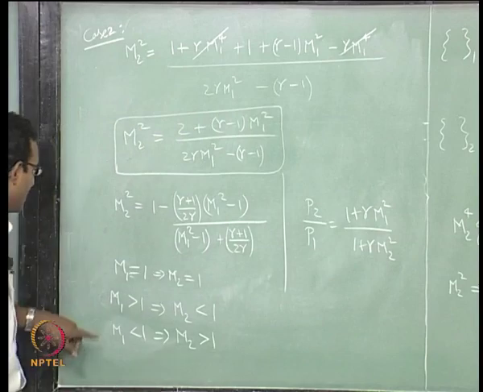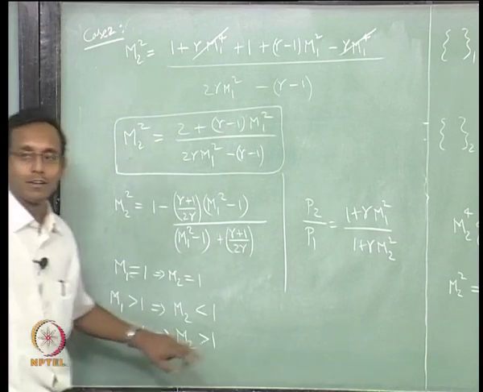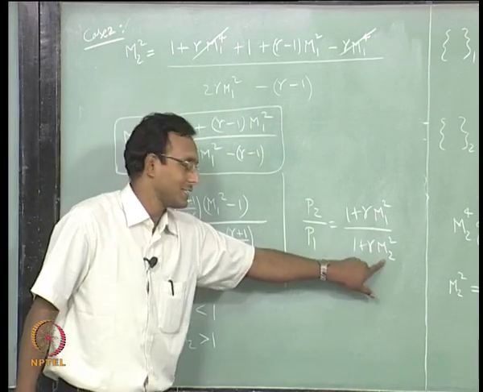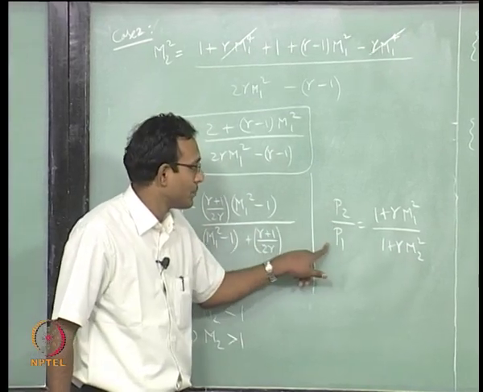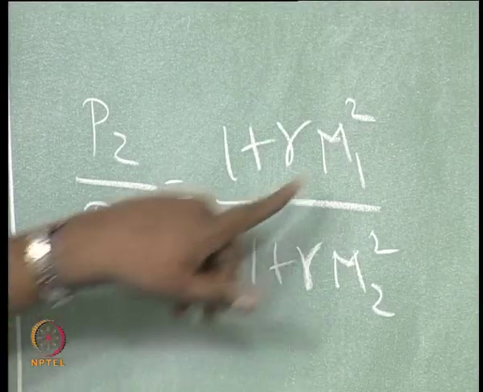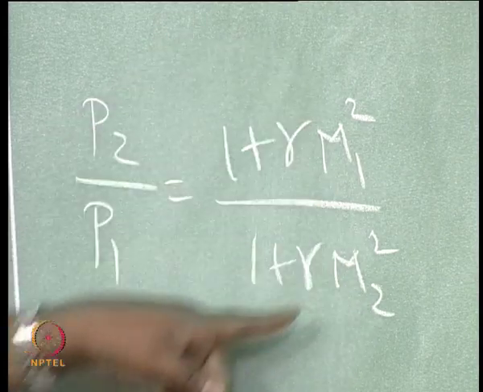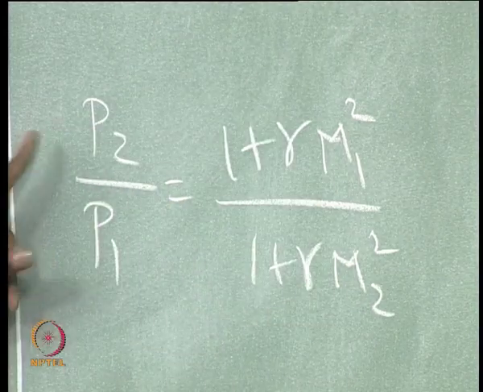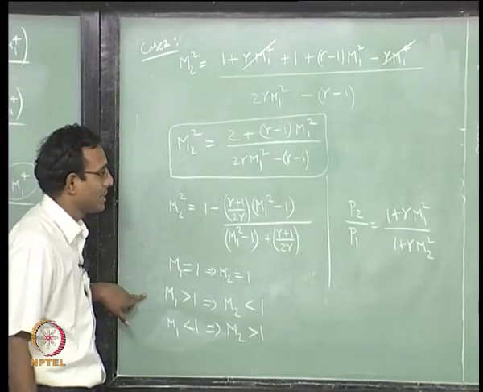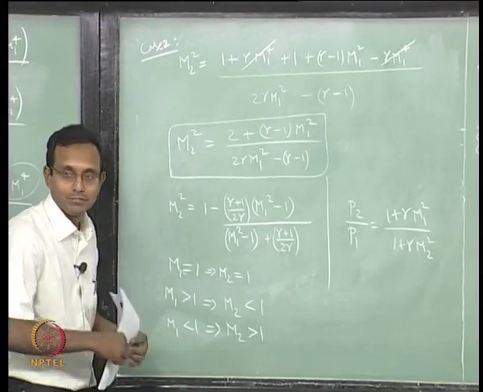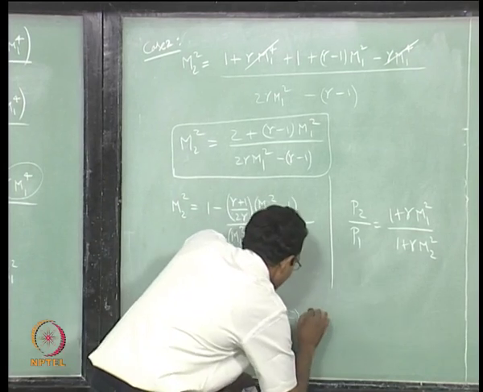If I have this expression and I say supersonic to subsonic, this is more than 1, this is less than 1, I am going to get p2 by p1 more than 1, because this is a big number, this is a small number. I am going to get this whole thing greater than 1. If I pick this case, what does that mean? I am going through a compression. I will call this the compression shock.